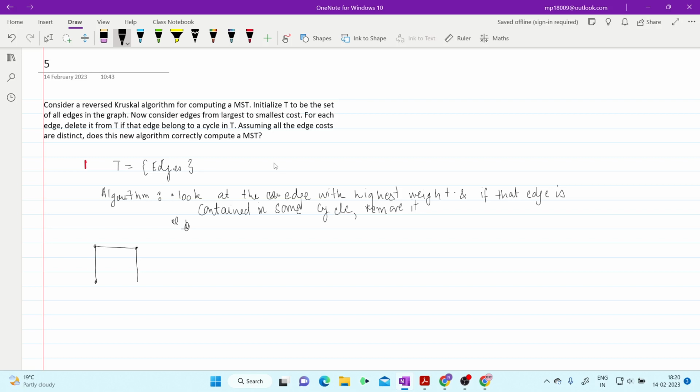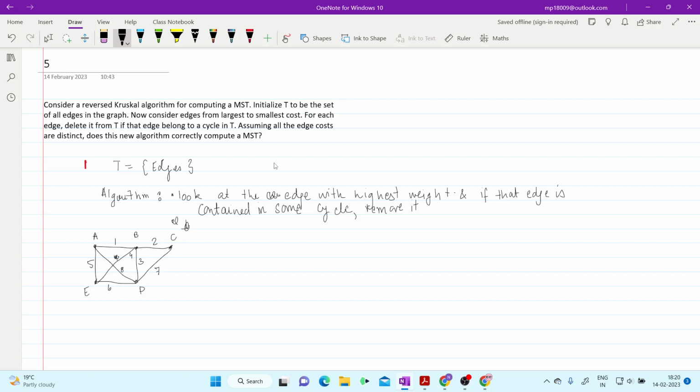Suppose we have this graph only, with vertices A, B, C, D, E. And suppose we are also assuming that all edge costs are distinct. So suppose I'm randomly assigning costs 3, 4, 5, 6, 7.